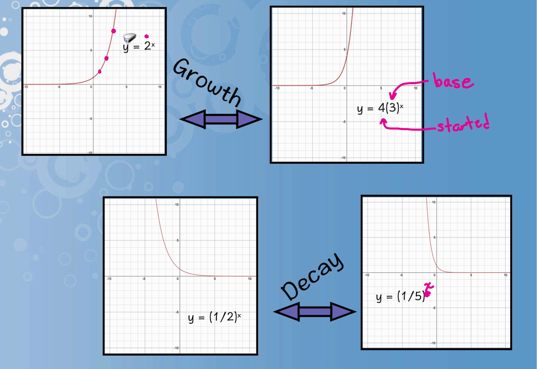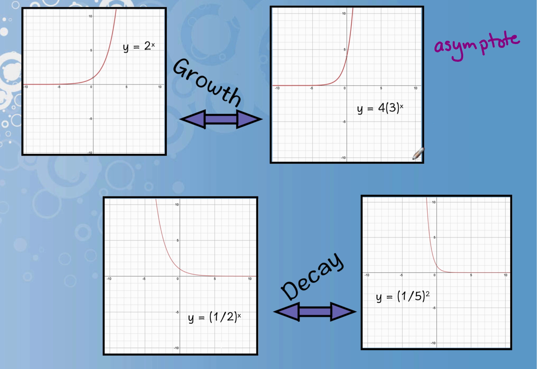Now, a couple of things about exponential graphs. If you remember, they all have what's called an asymptote. Remember?